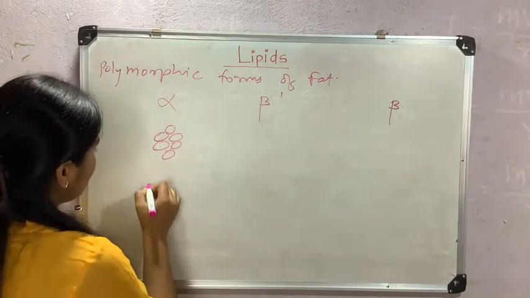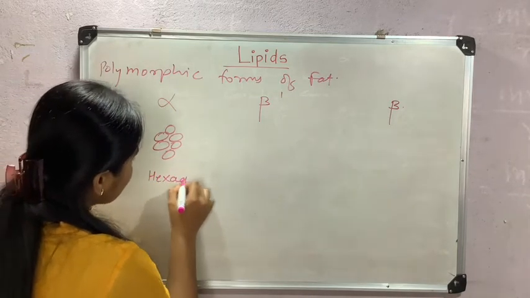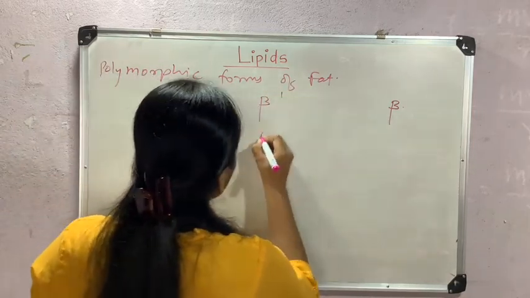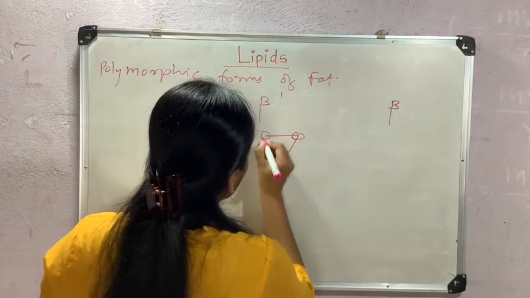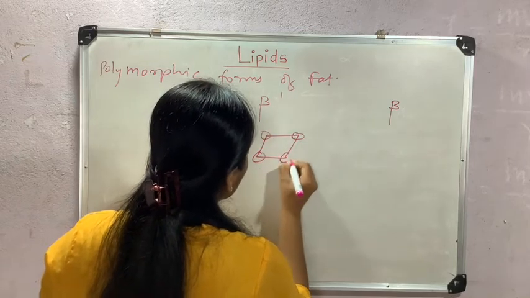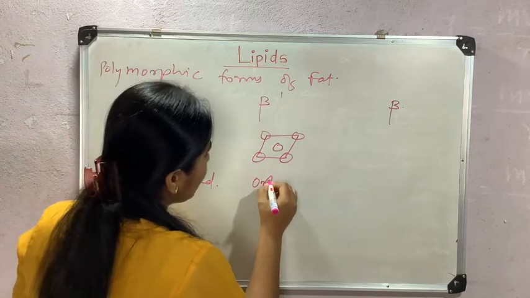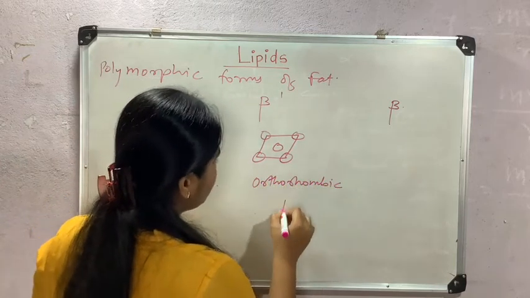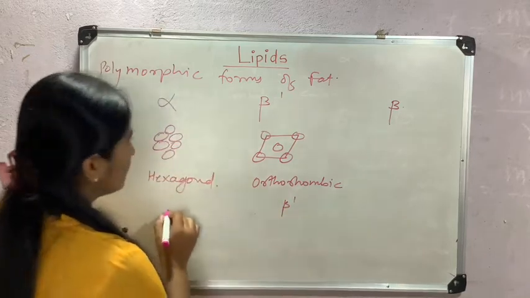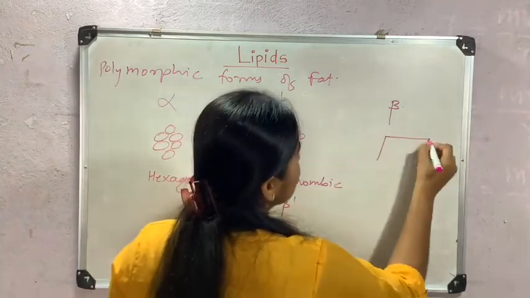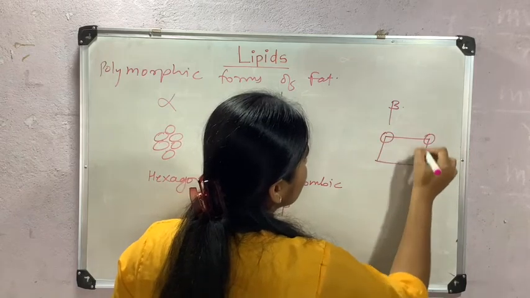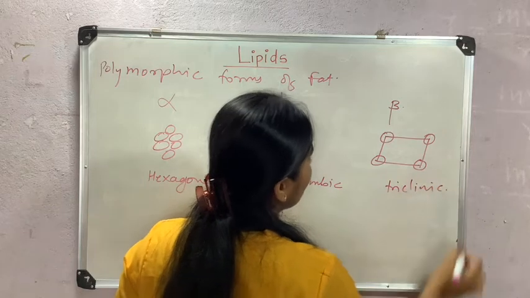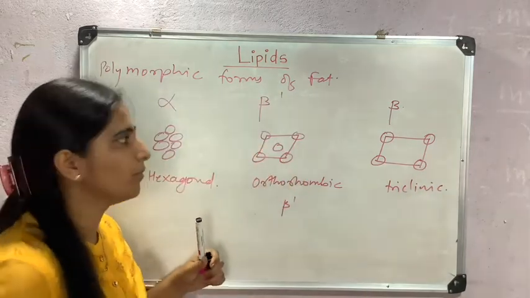This is the alpha form, which is hexagonal. Then this is the orthorhombic form, that is beta dash, and this is the triclinic form of fat, that is the beta form.